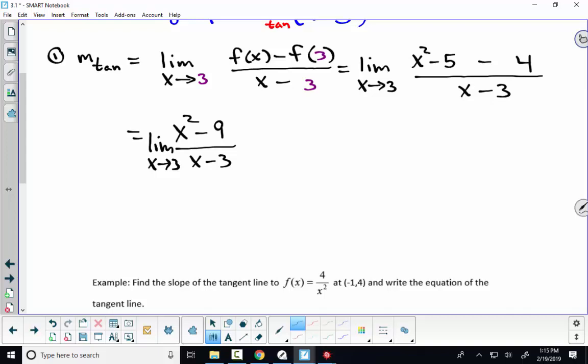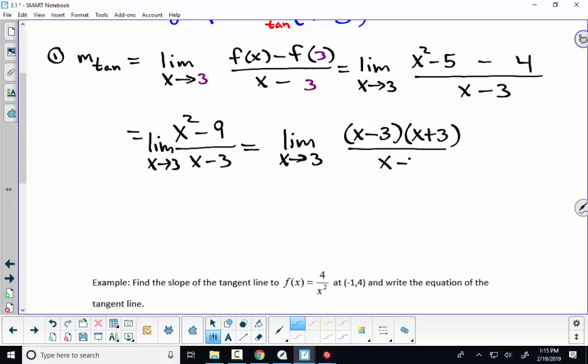All right, so the denominator's approaching 0, but hopefully that's something we'll recognize. If we factor the numerator, the problem in the denominator will go away. So we have the limit as x approaches 3 of x minus 3 times x plus 3, all over x minus 3.